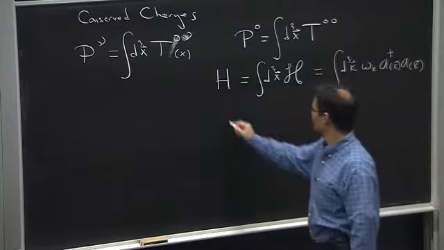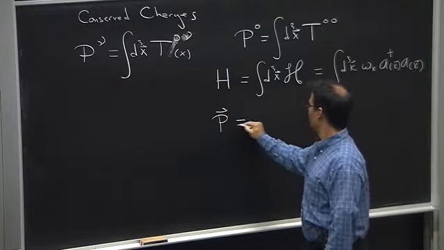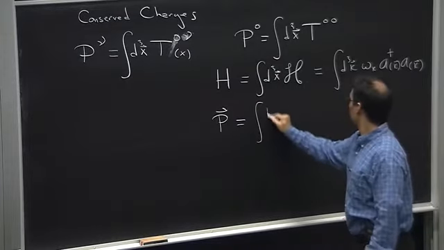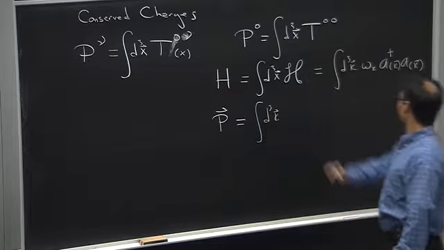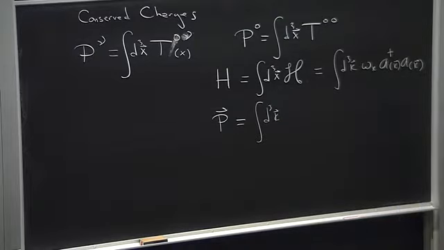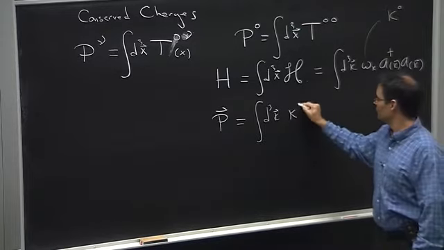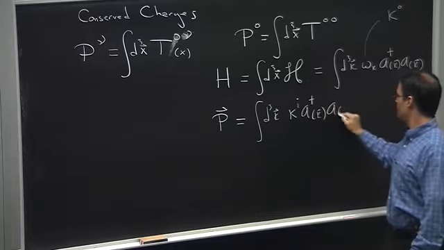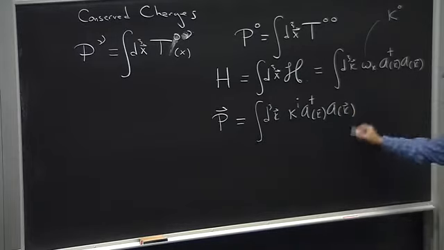But after having seen this, you should be able to tell me what this thing has to be. What could it be? Well, the only thing that depends on the zeroth component is this object here, which looks like the zeroth component of the vector k. So this thing here should be k mu.